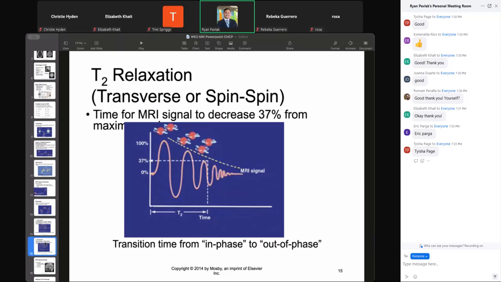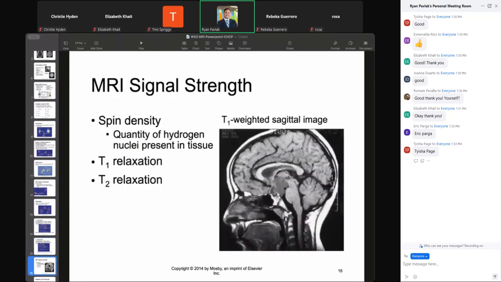It's the transverse or spin-spin relaxation. And it's looking at the time for an MR signal to decrease from 37% of its maximum. So this is typically an in phase to an out of phase type of imaging.